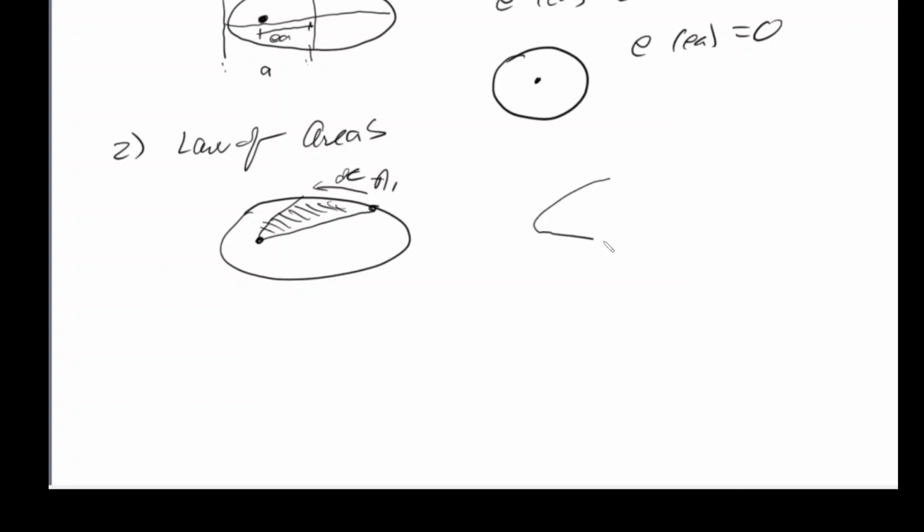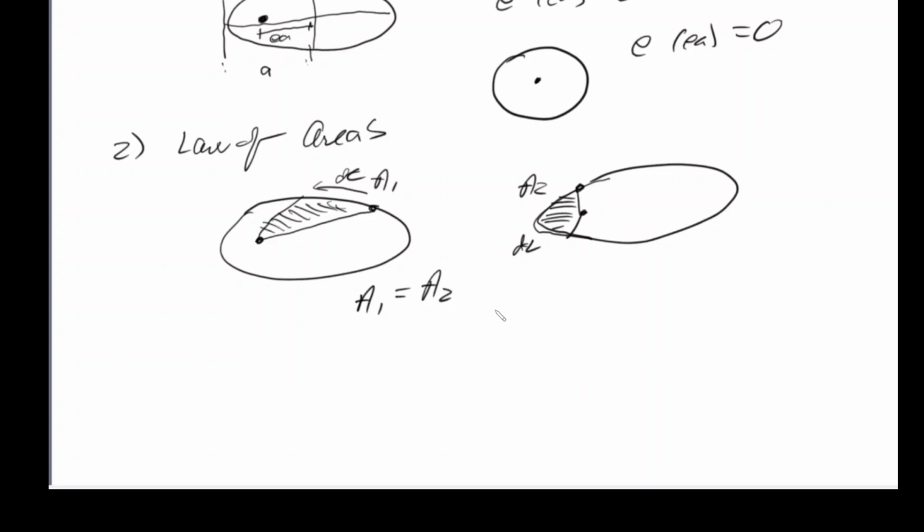And now that same planet in that same orbit is now here. And in that same dt, let's say it takes that long to get here, it sweeps out this area 2. And so the law of areas will state that area 1 is equal to area 2.